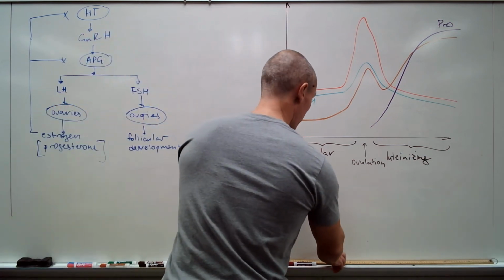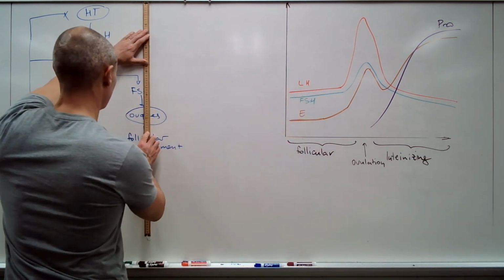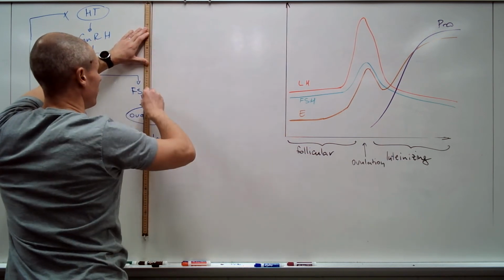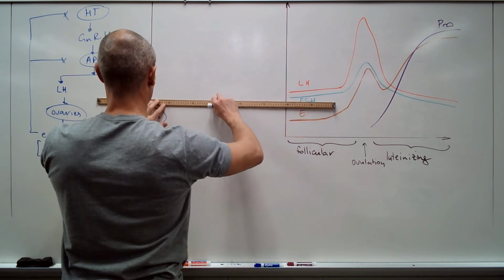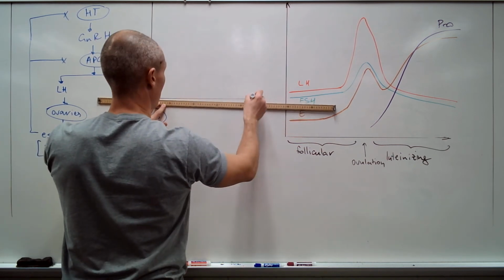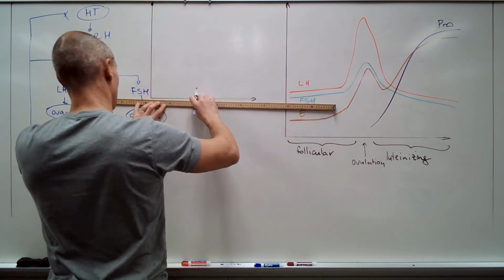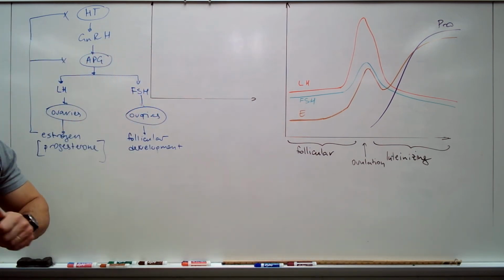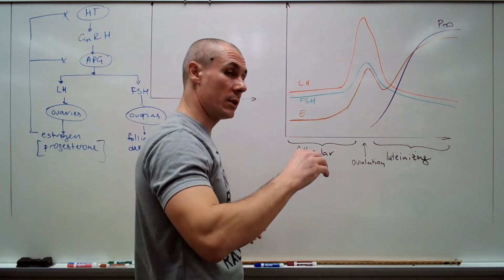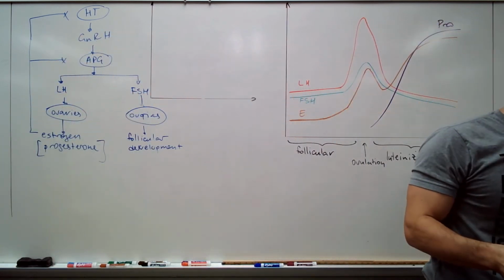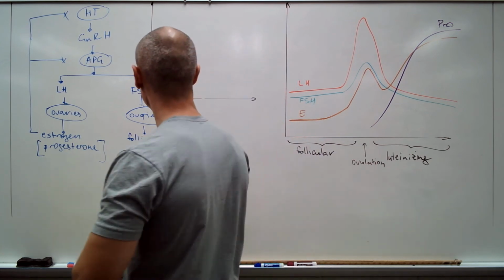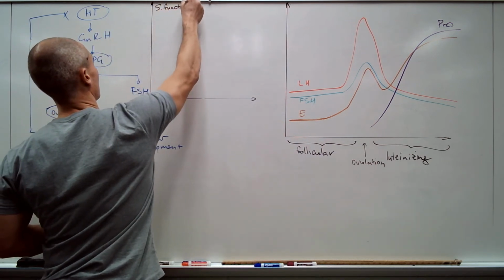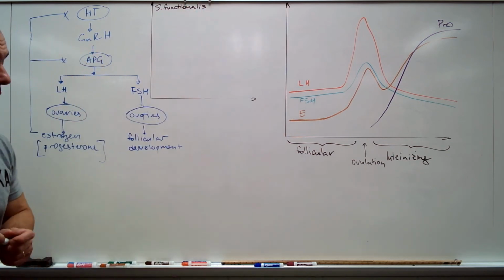Now, a few words about the menstrual cycle. So, in the menstrual cycle, here's what I want to highlight. So I'm going to draw sort of a thickness of the stratum functionalis. Okay, so this is how thick it is.